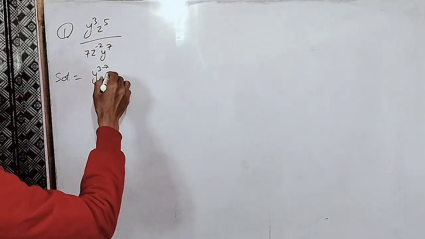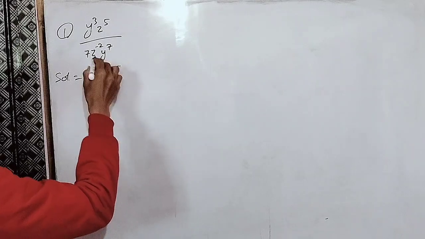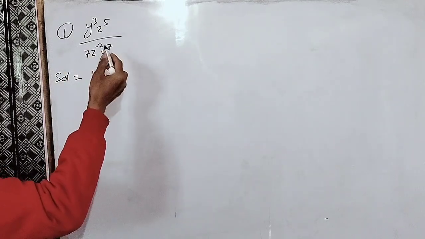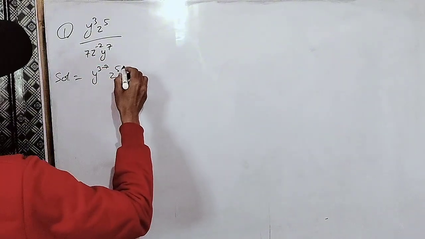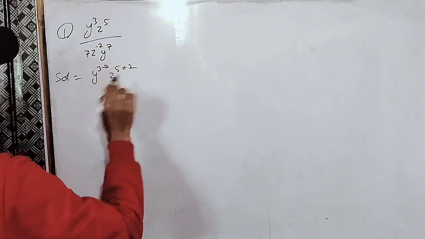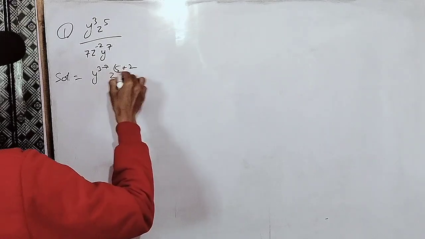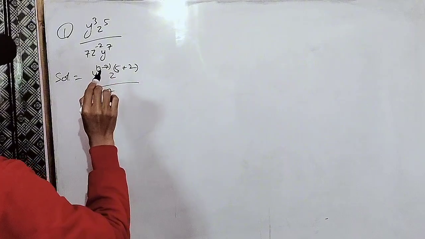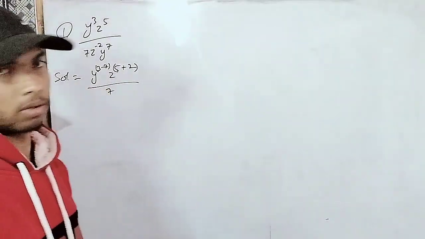Then z5, then here z minus 2. So would be what? Add, clear, and then upon 7 will be there.